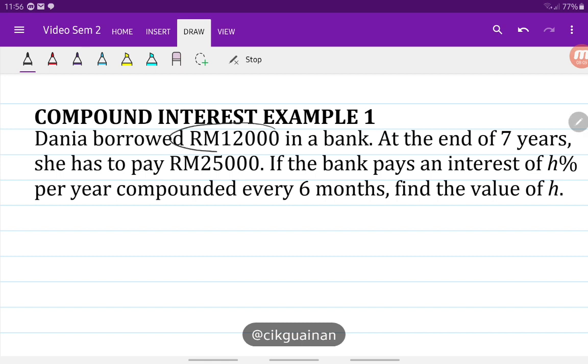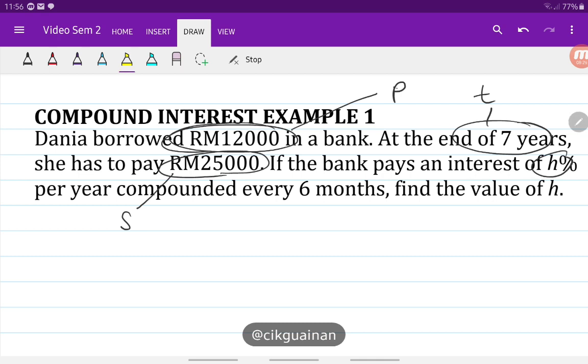Now, she borrowed 12,000, so this one is the principal. This 25k is the future value, S. At the end of 7 years is the time needed for her to pay, or for the loan to mature. And then it pays the interest of H%.